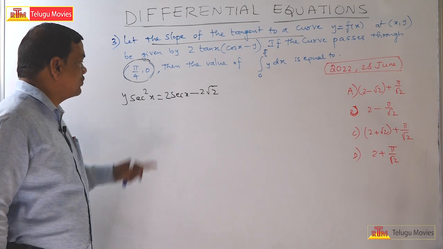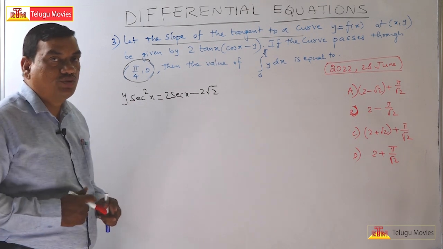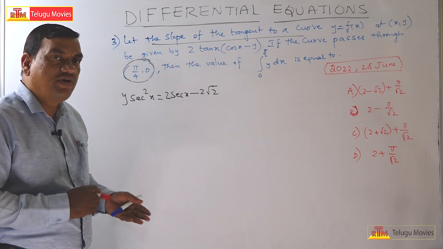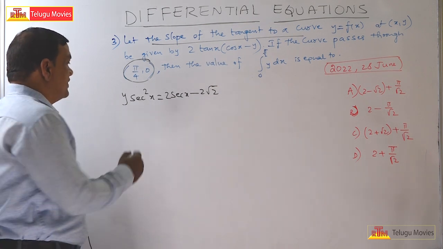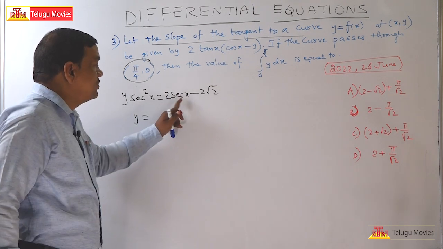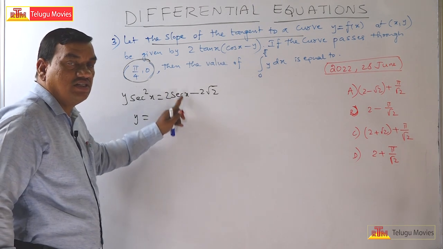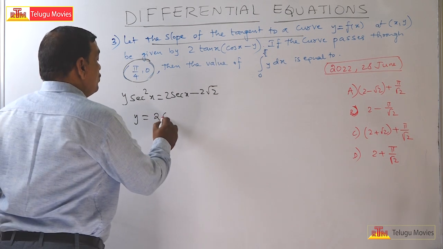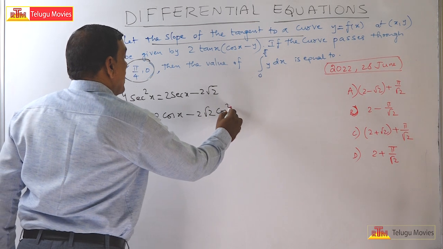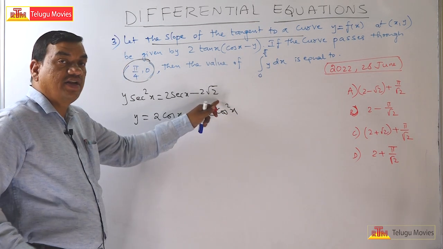Since secant square x is there, divide with secant square x on both sides. So, y is equal to 2 secant x by secant square x, so one secant x will get cancelled: 2 cos x minus 2 root 2 cos square x, because secant square x by secant square x becomes 1.